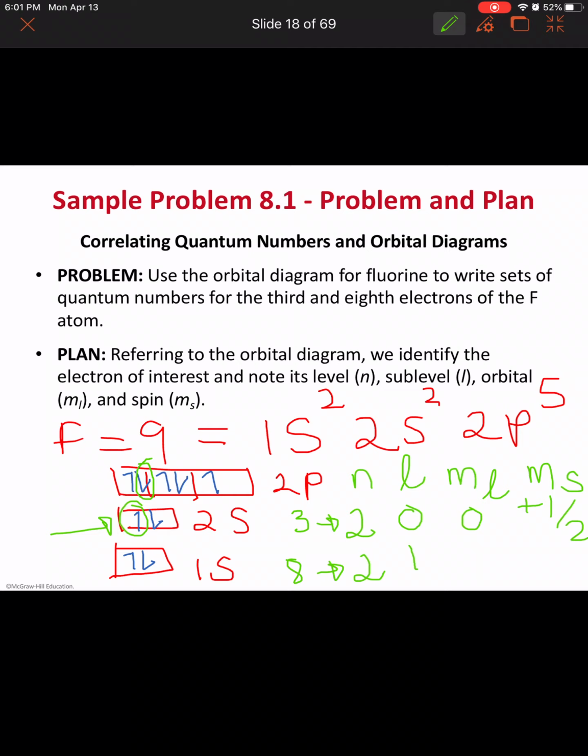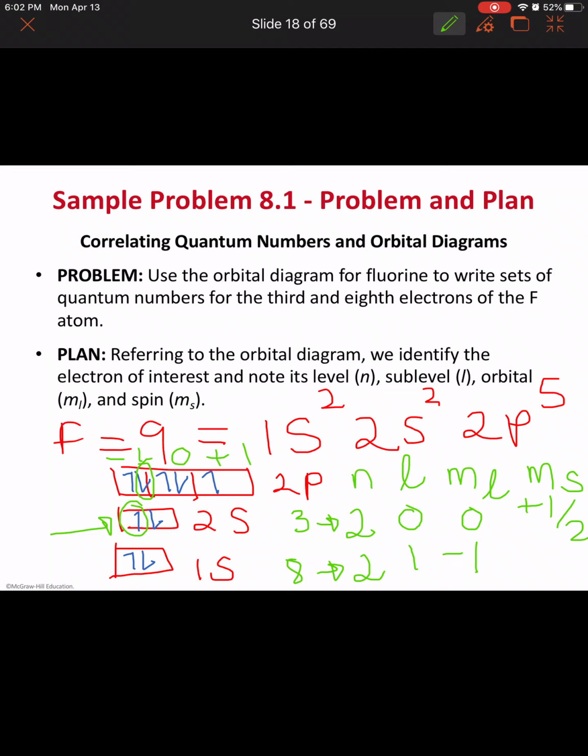What is the ml value? ml can take the values minus l, 0, plus l. So if l equals 1, ml values are minus 1, 0, plus 1. So the first one is going to be minus 1, 0, plus 1. So the ml value is going to be minus 1.